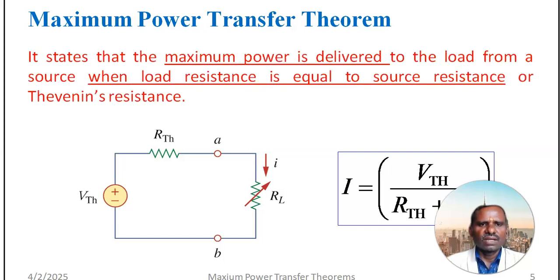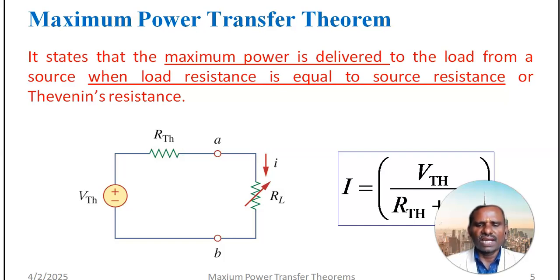Again, the statement says that maximum power is delivered to the load from the source when the load resistance is equal to the source resistance, or Thevenin's resistance.